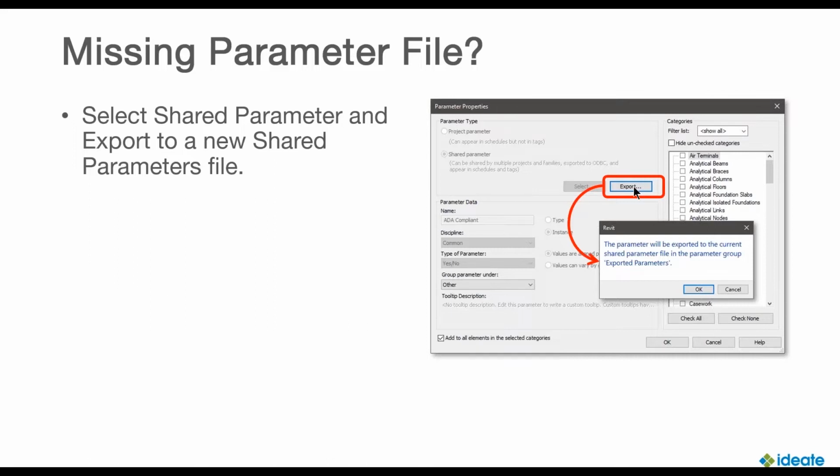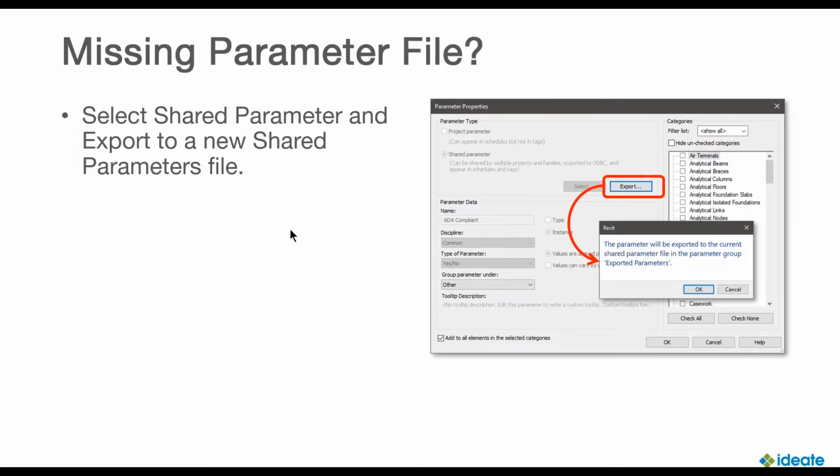And what that's going to do is write it to your parameters file in its own category called exported parameters, which I think is great. The reason why is you can go back afterwards and move that parameter to a different category. I do not want to keep them in the exported parameters because it's not really organized at that point, but it helps me discover which are my parameters and which ones I exported out.